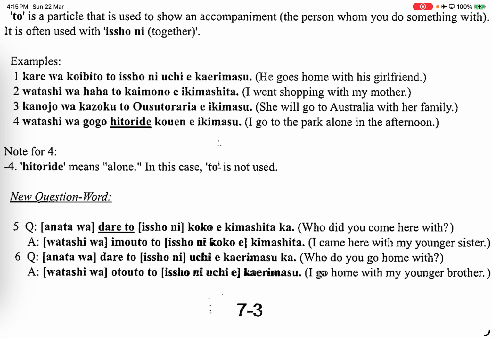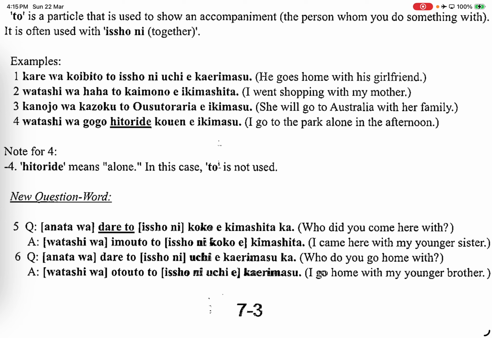So by oneself, how do you use the accompaniment? You're not accompanied by anything or anyone, right? So we cannot use the と particle in this case. So how do you say by oneself, by alone? We use the particle で. So by oneself, 一人で. Right? So I'm not changing any of your understanding in Japanese. I'm still using the particle で. The same meaning of what it means previously. Right? So by oneself.